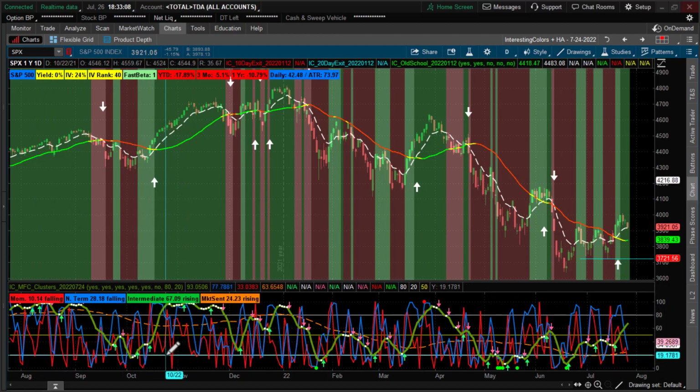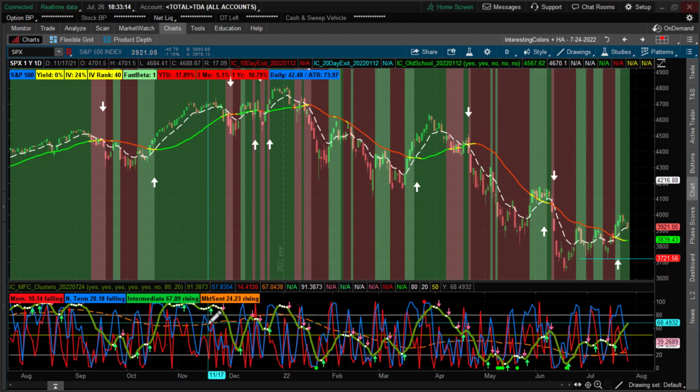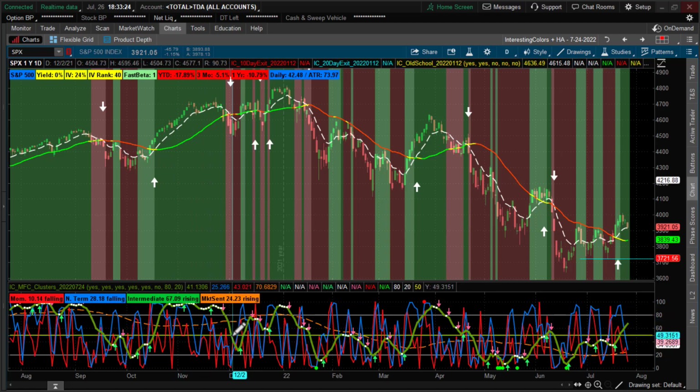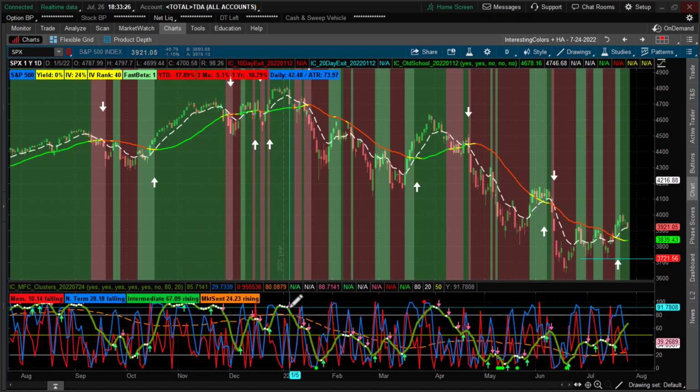There's a red line, which is referred to as the momentum line, and it's very quick. There's a blue line, which is a little slower. It's called the near-term line, and it's a little less quick than the momentum line. And the green line is the intermediate line.